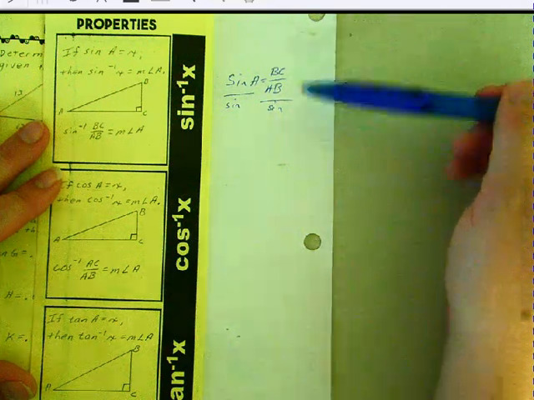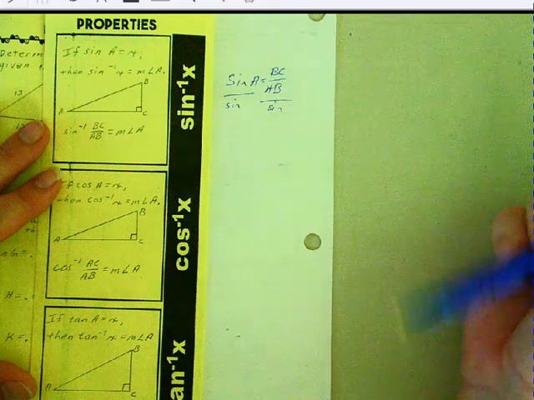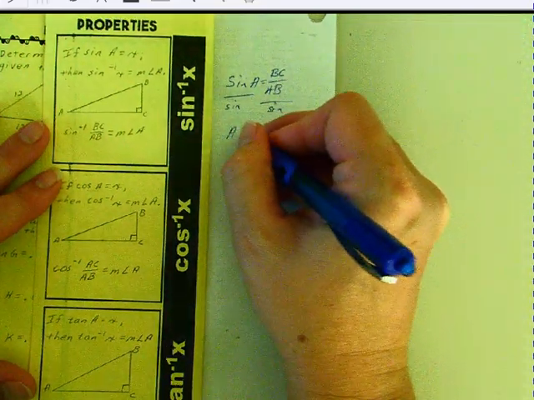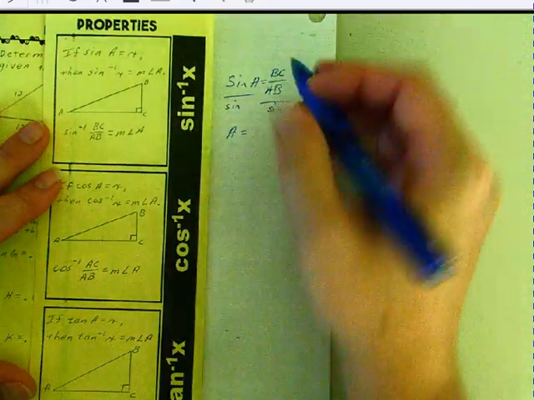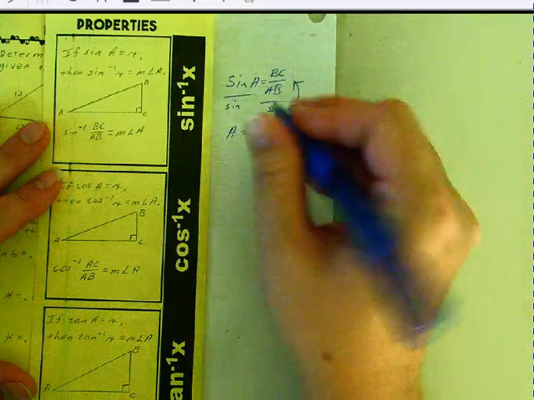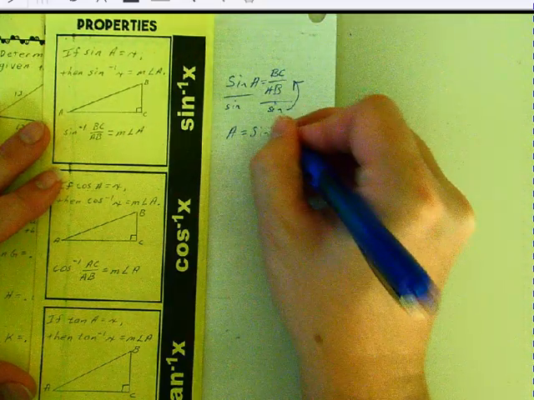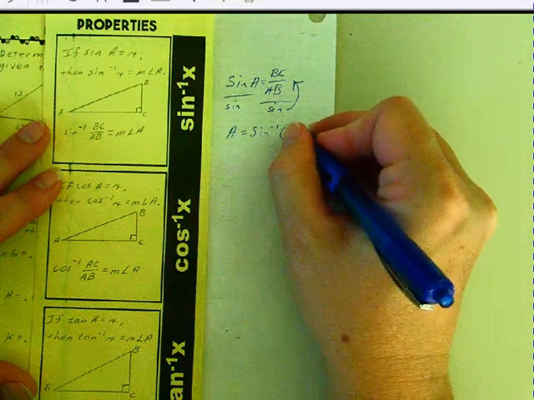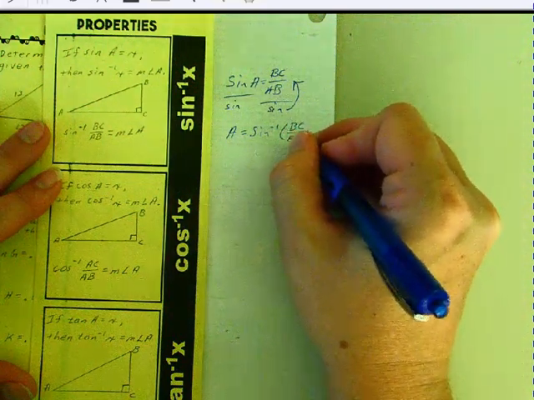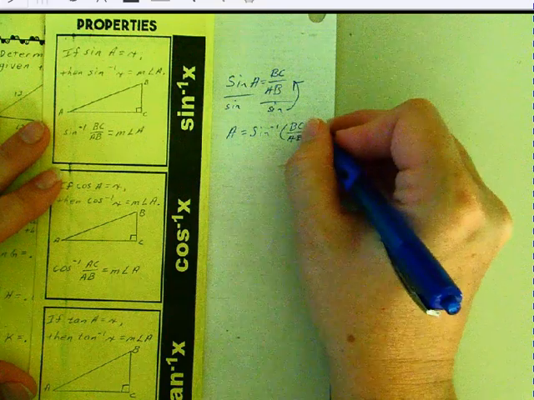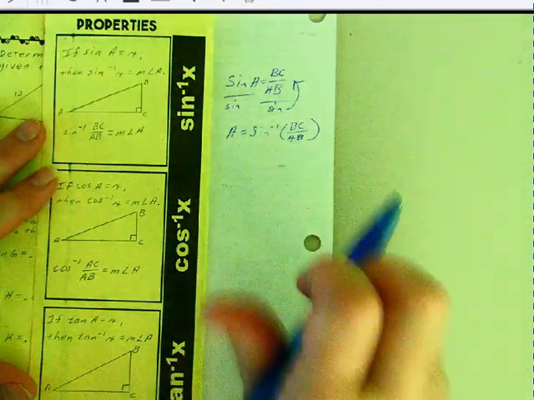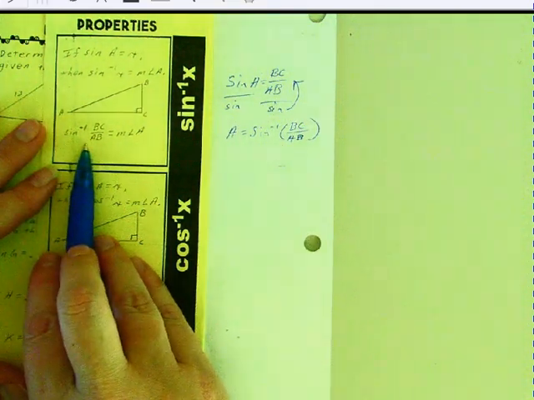You're just switching it from wherever it's currently at. So A equals, if I want this to move to the top, I'm going to go sine to the -1. That moves it to the top. And then this is going to be BC over AB. Okay? And that's actually what I have written here for you guys.